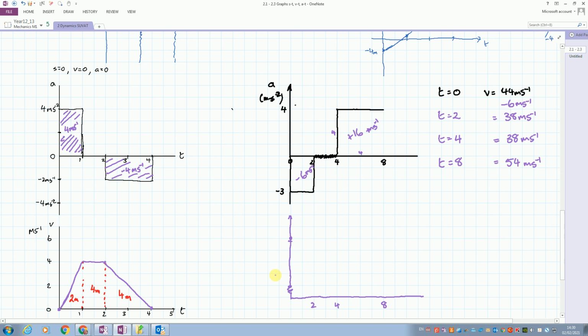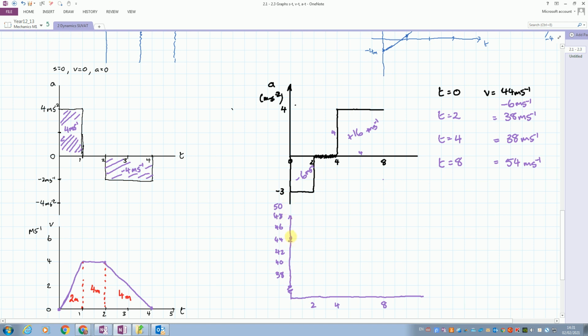Let's make a nice scale for it. Minimum we need is 38. 38, 40, 42, 44, 46, 48, 52, 54. So we're going to wind up over here at the end.